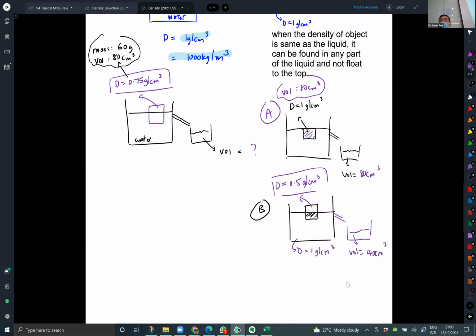Are you all following this so far? So now let's go back to this scenario here. I have one extreme which is same. I have the other extreme where this is half. Now the question given to us is 0.75. You may start to say, okay, if it's 0.75, that means it's perhaps 75% submerged.